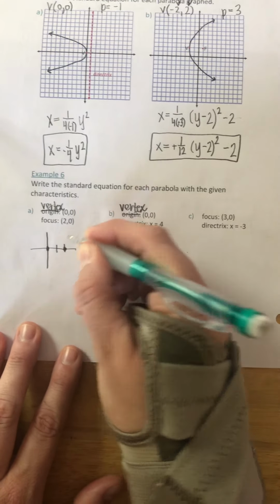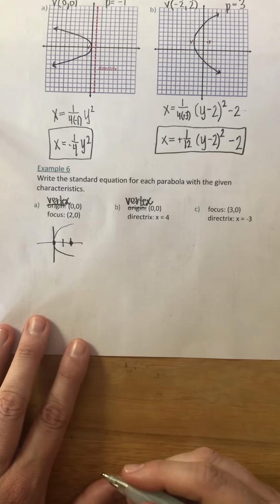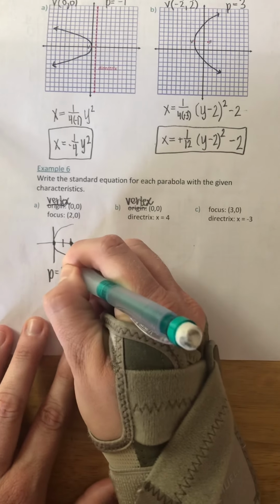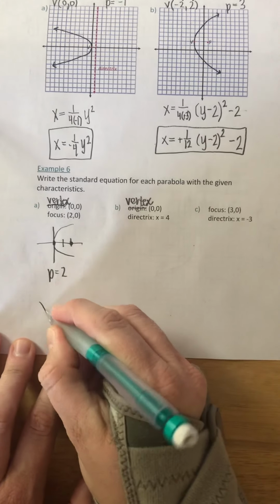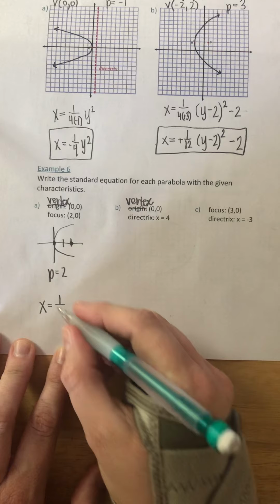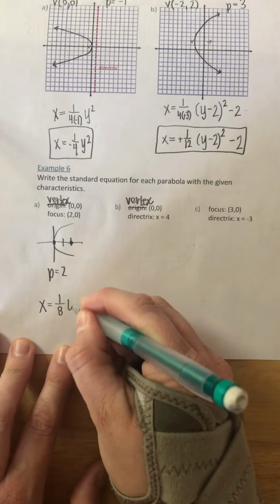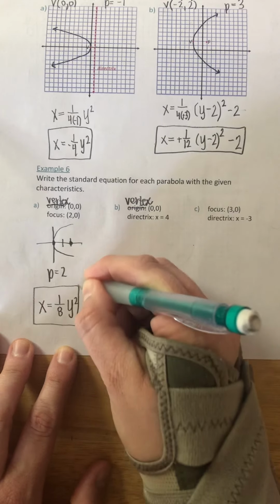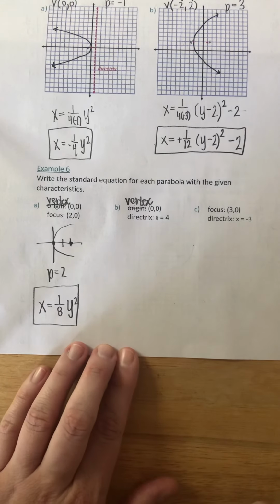Remember, your parabola opens around the focus, so right away I know that P needs to be a positive number, and the focus is 2 units away, so P is going to be +2. So I've got x equals 1 over 4P, 4 times 2, that's 8, and then y squared, because our h and our k were both zeros. That was a pretty easy one to do.